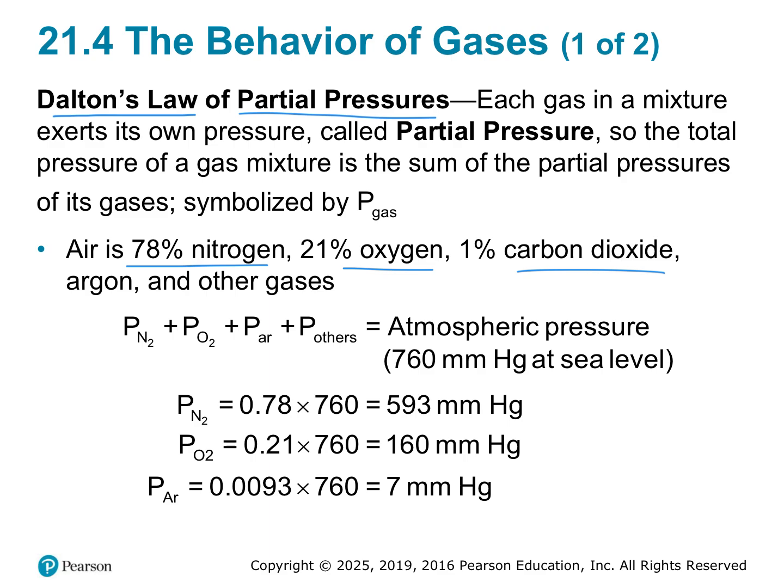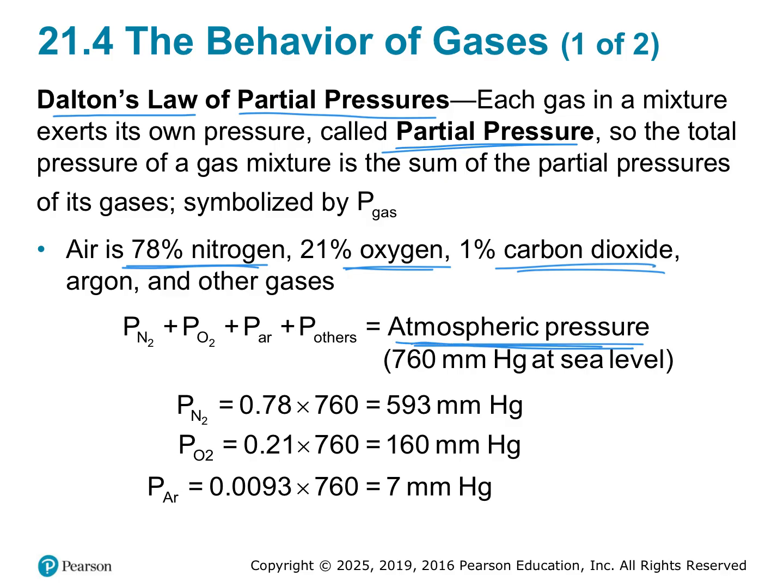So it's saying that the air pressure is due to the partial pressure exerted by each of those individual gases. Nitrogen is going to be part of that total atmospheric pressure. Oxygen is going to be part of total atmospheric pressure. Carbon dioxide is part of total atmospheric pressure.